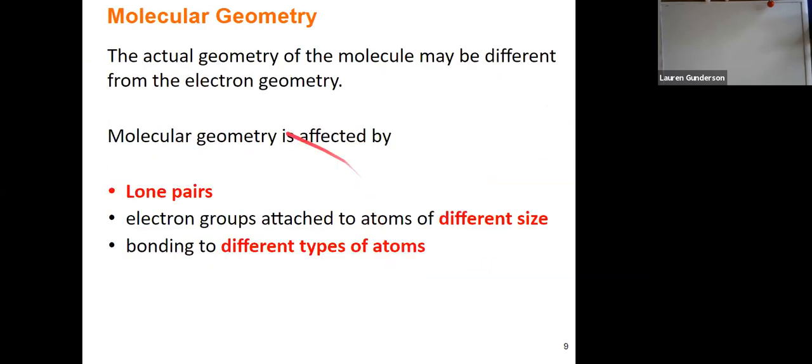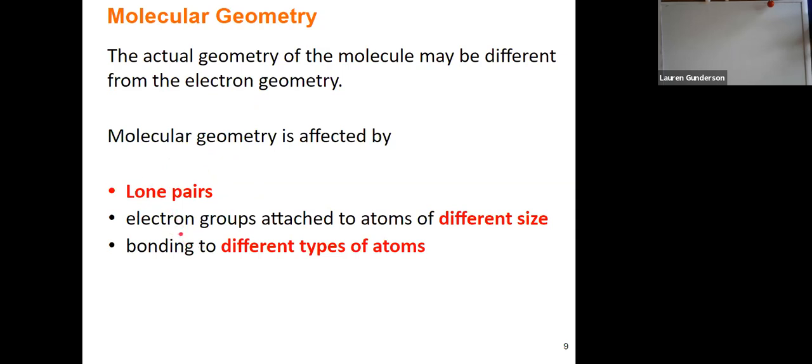Now, molecular geometry is slightly different than electron geometry. Molecular geometry is the actual shape of the molecule. And the shape of the molecule is different from the electron geometry when you have things like lone pairs involved, all right? Lone pairs affect the shape of the molecule.